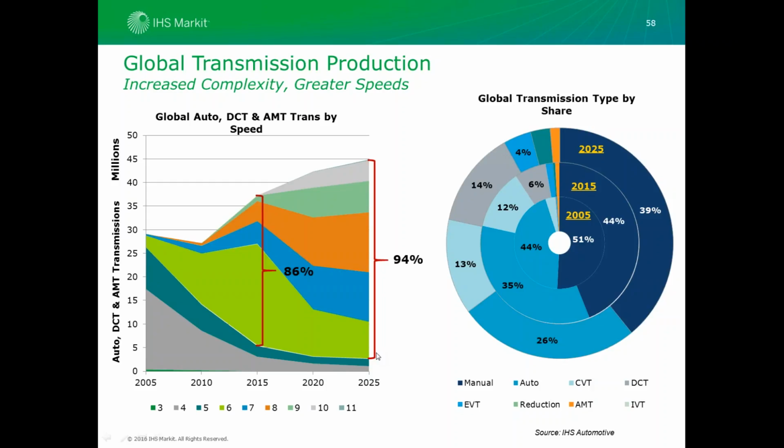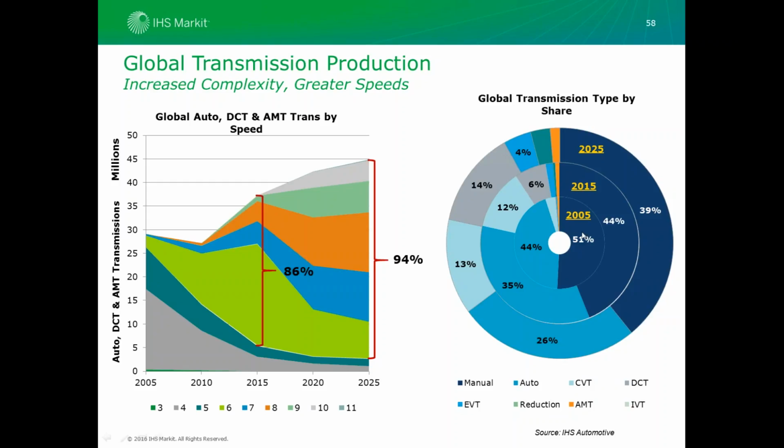And it's not just the number of speeds, it's more efficient transmissions and new technology being added to transmissions. On the right side, you can see the different transmission types. You've got manual and auto, continuously variable transmission, electric variable transmission, dual clutch transmissions, all the different new transmission technology that are being introduced.